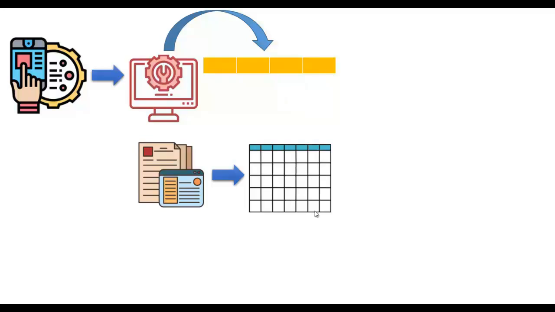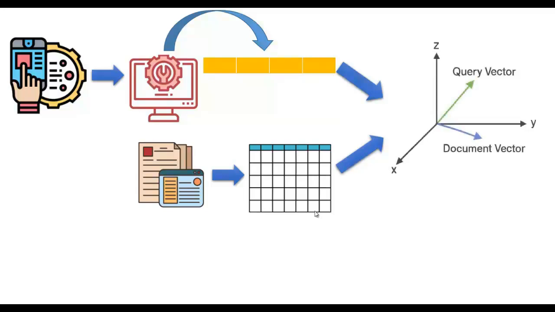Now comes the key step. We compare the user's query vector with all the document vectors in the vector store. This comparison is done using a method called cosine similarity. Think of it like measuring how close two arrows are pointing in space. Whichever document vector is closest to the query vector, that's likely the document that matches the user's intent.